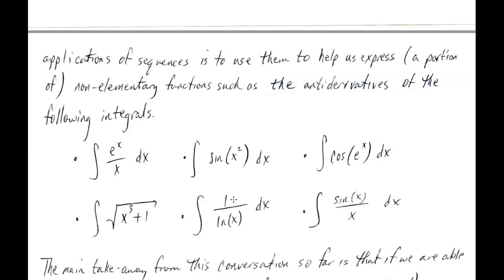For those of you that have been exposed to estimating the area under the curve by Riemann sums, or using the trapezoid rule or Simpson's rule, that would be helpful there. But if I just wanted to find out what the antiderivative of each of these functions were, even Simpson's rule, the trapezoid rule, and Riemann sums would not help me in being able to do that.